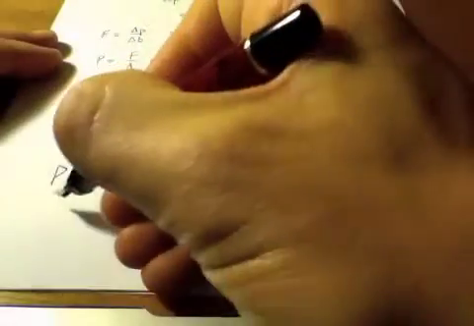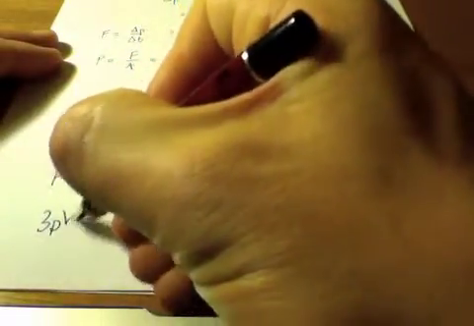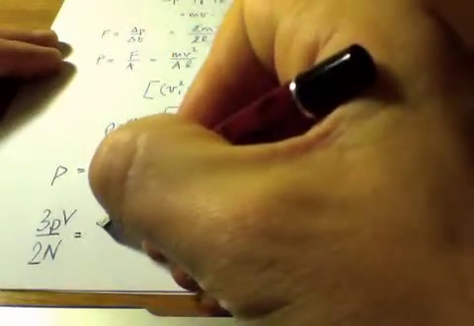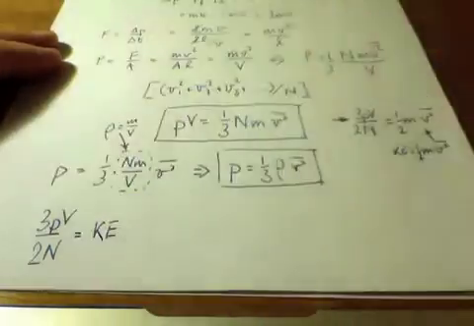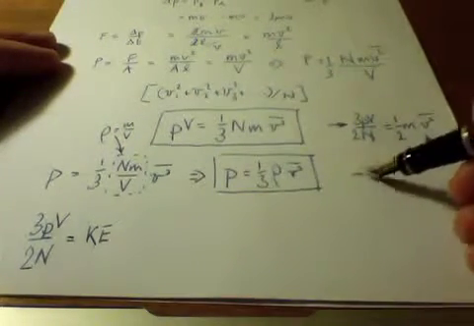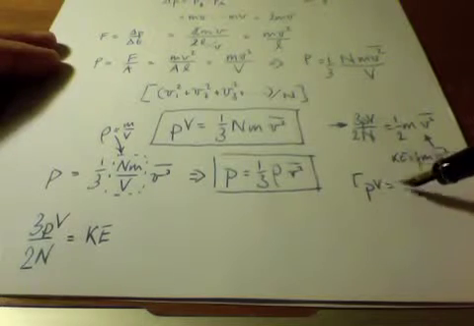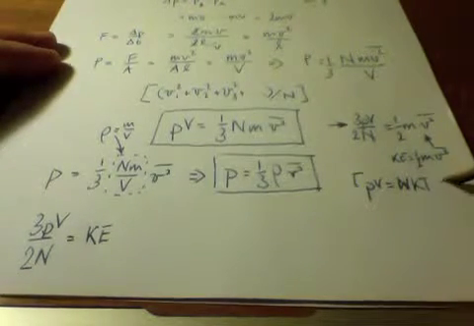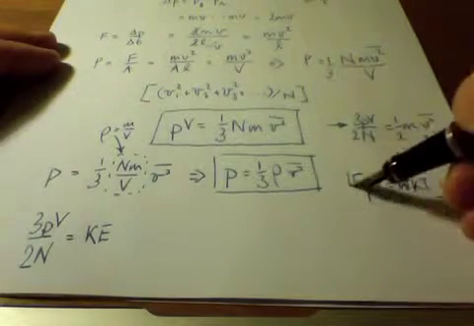Let me rewrite that down here. 3PV over 2N gives me my kinetic energy. Bearing in mind again that PV is NKT. Do you remember that from the ideal gas equation?